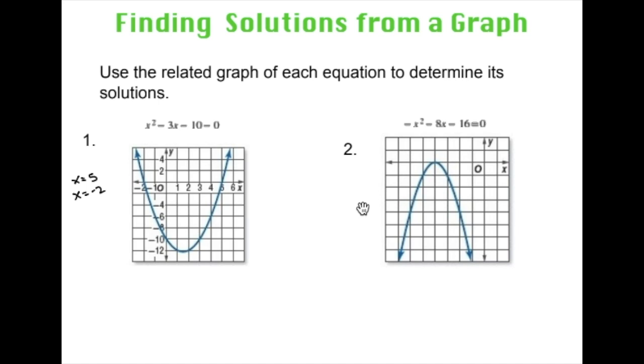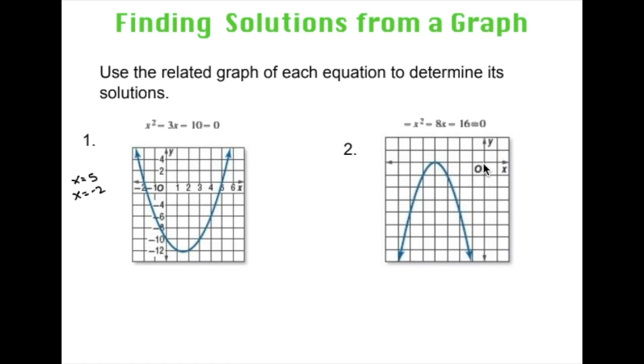And on number 2, we have negative x squared minus 8x minus 16 equals 0. And notice this one actually opens downward. That's because there's a negative in front of the x squared. If it's positive, it opens upward. If it's negative, it opens downward. And again, it equals 0, so we graph it, and it's right on the x-axis this time.